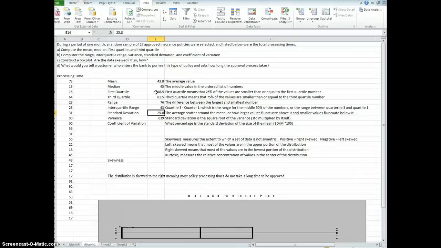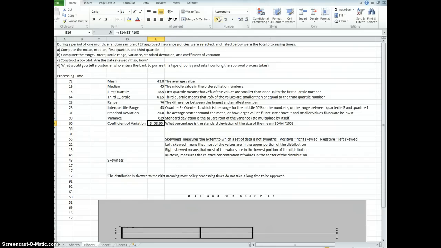Now what we want to do, finally, is take a look at the coefficient of variation. The coefficient of variation is what percentage the standard deviation is of the size of the mean. To do that, we're going to take the standard deviation, divide it by our mean, and multiply it by 100. Now we're going to convert this to a percentage, not to a number, not to a dollar sign, that was my mistake, but to a percentage.